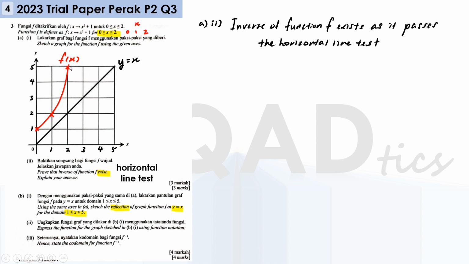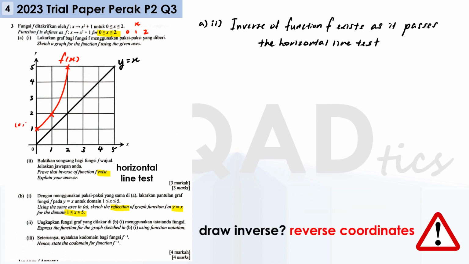So to draw out the reflection, the easiest way is to reverse the coordinates. Let's say this one is 0, 1, right? So for our image, we just need to switch these two coordinates. So it will become 1, 0. Okay, so we'll draw here. And same goes for the other 2 points as well. Okay, then you'll have your graph.